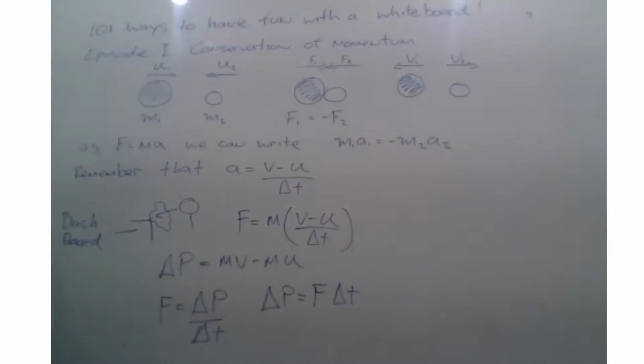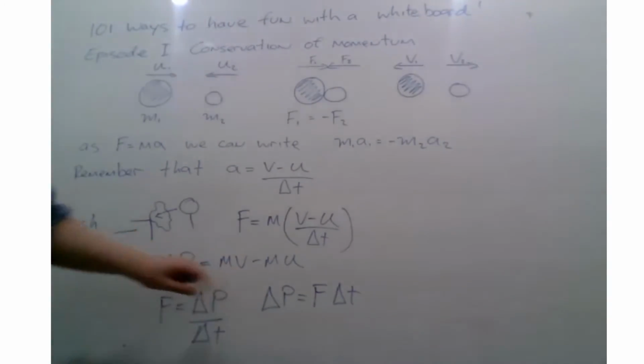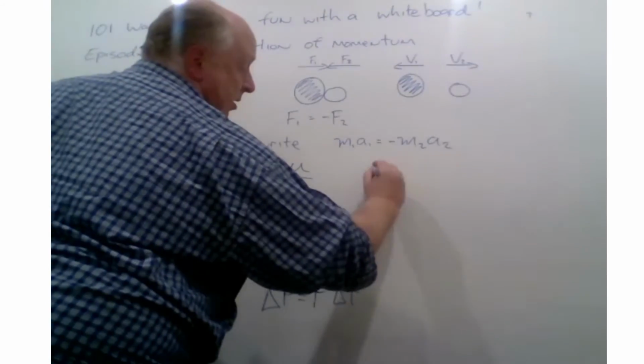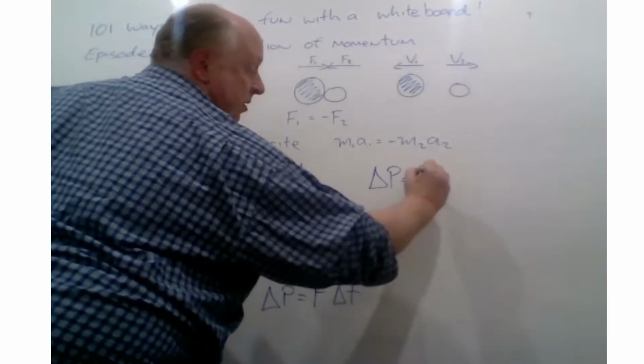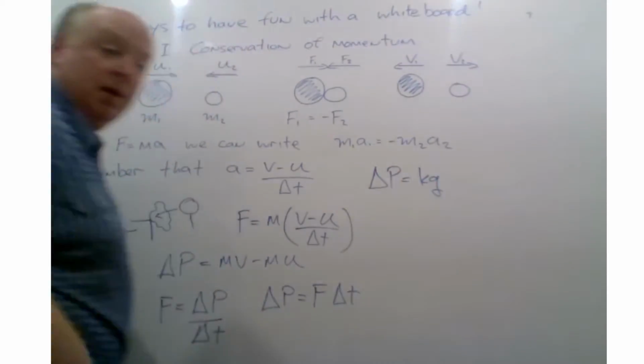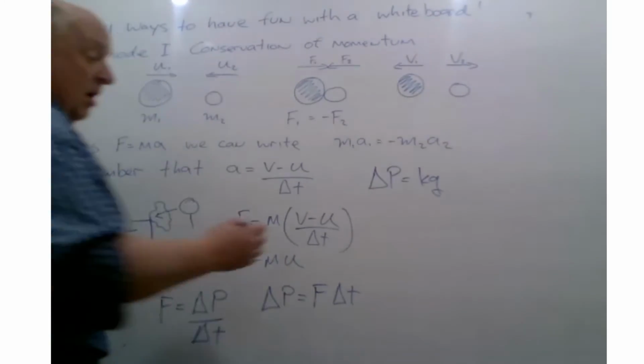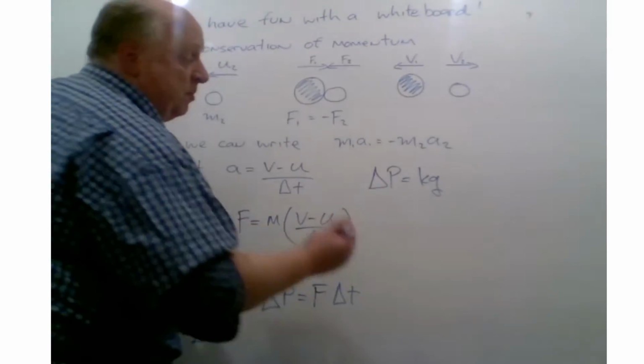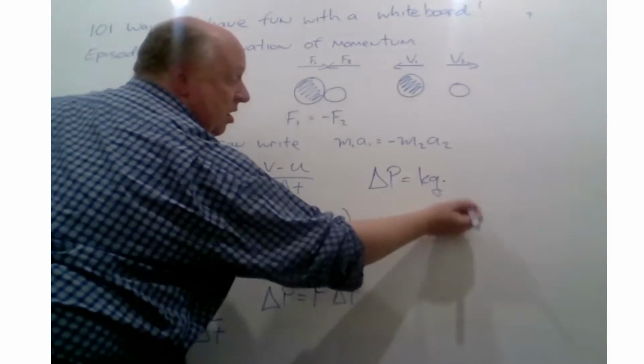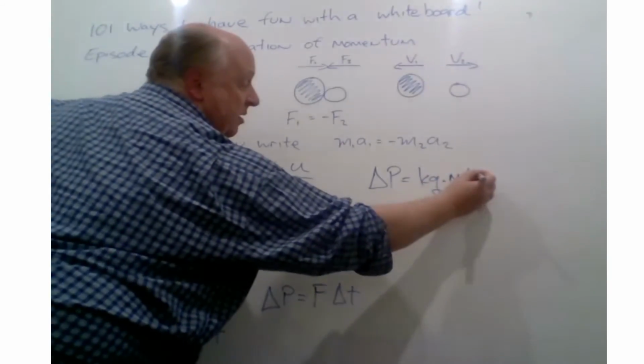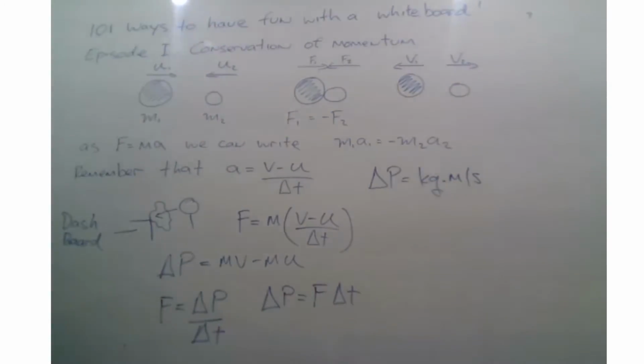Momentum, of course, what is it measured in? Well, it's mass and velocity. So delta p equals kilograms, which is what we measure mass in SI units. What do we measure velocity in? Meters per second. So kilograms times meters per second.